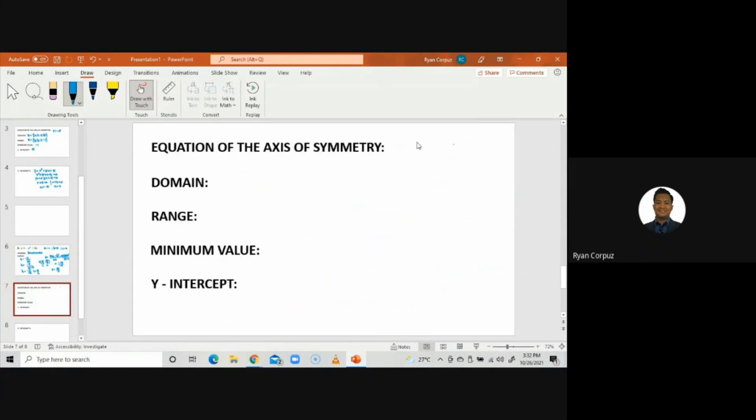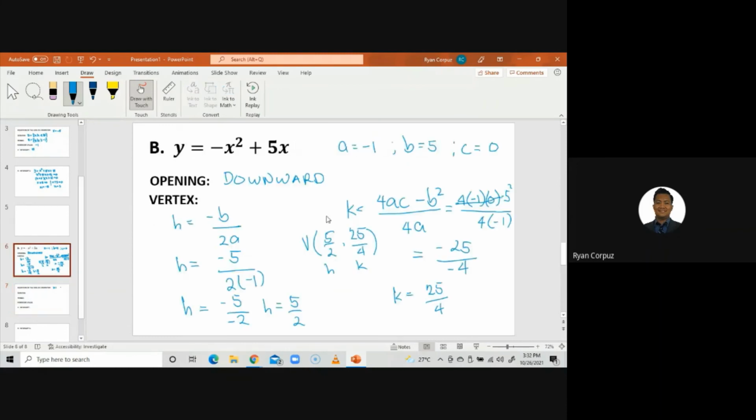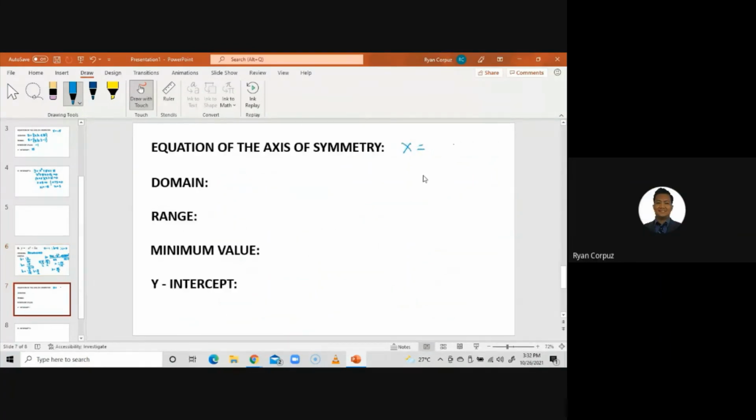So, what will be the equation of the axis of symmetry? That should be X is equal to, anong value ng H? What's the value of H? That is 5 over 2. So, it will be X is equal to 5 over 2. How about the domain? Iba isa lang sagot natin sa domain.